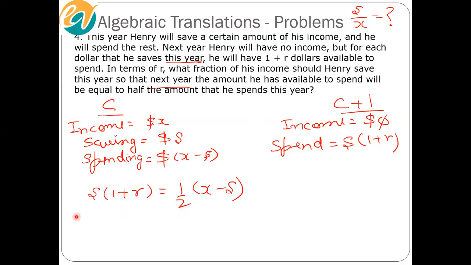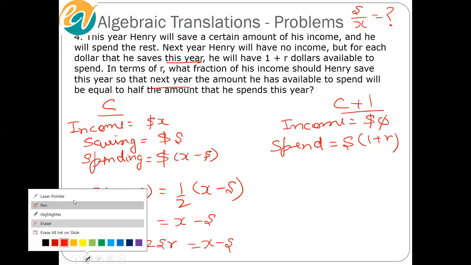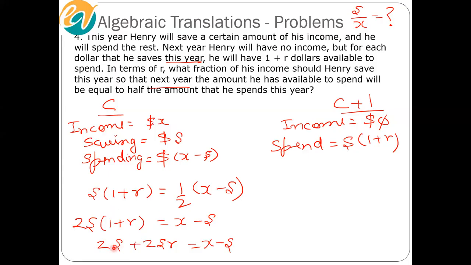So obviously, one thing we can do is, it's just about manipulating this equation. Cross multiply. So 2S times 1 plus R is equal to X minus S. So 2S plus 2SR is equal to X minus S. Now notice this is 2S while this is S, so I can take S over there.